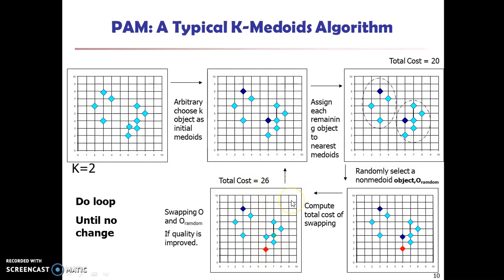Again we are going to iterate, starting from the second step. This process will be iterated until the quality is improved. If the quality is improved by swapping, then the loop will end. So do the loop until there is no change.